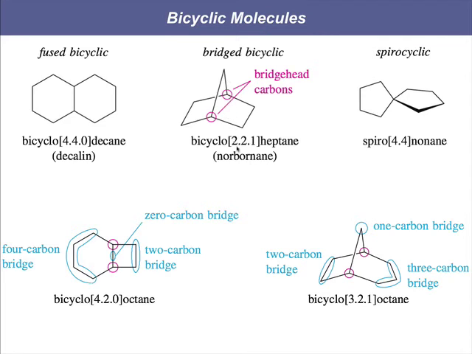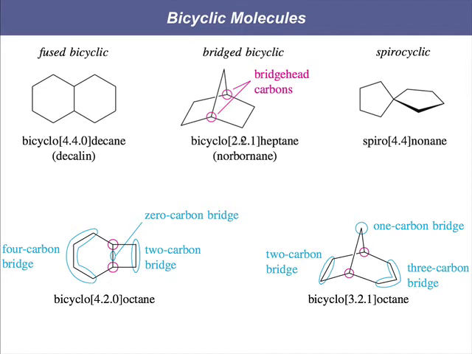Notice that the sum of these numbers, 2.2.1, is 5, and that's 2 carbons fewer than heptane, because these numbers, 2.2.1, refer to every carbon in this structure except for the bridgeheads.